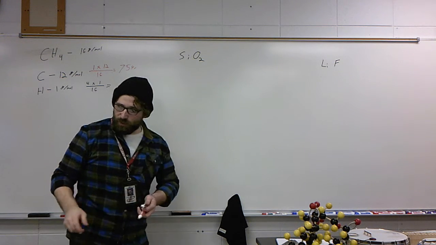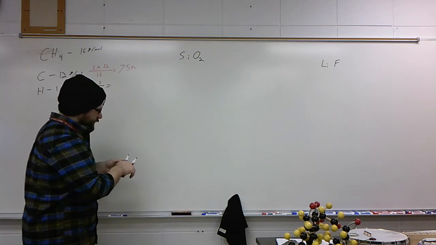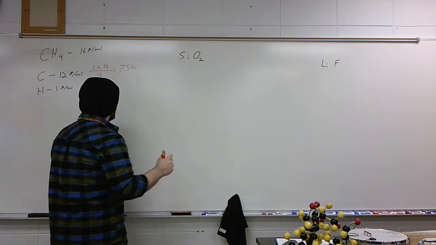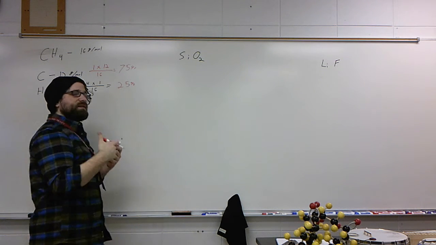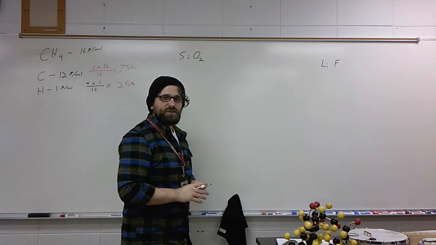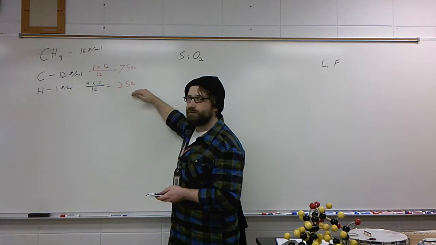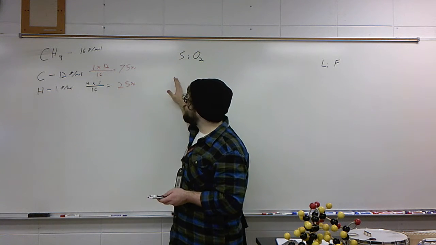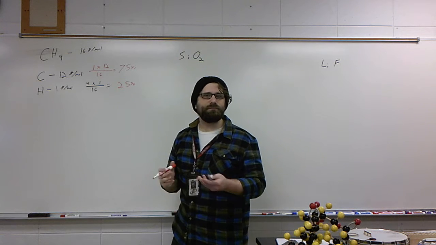What's that going to work out to be? We should all know this. Punch in the calculator: 4 divided by 16 should be 0.25. That's going to give me 25%. So if I was investigating how many grams of each thing there is, let's say I had 100 grams, well, 75 grams would be carbon, 25 grams would be hydrogen. I can work the math backwards and determine that must be methane. Simple enough.